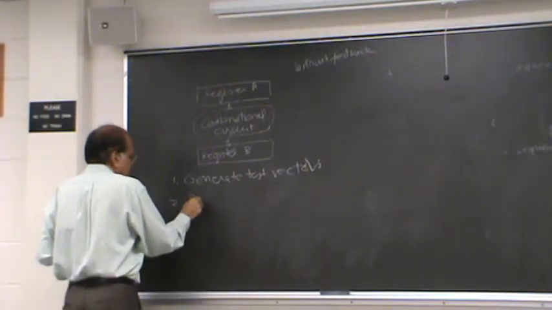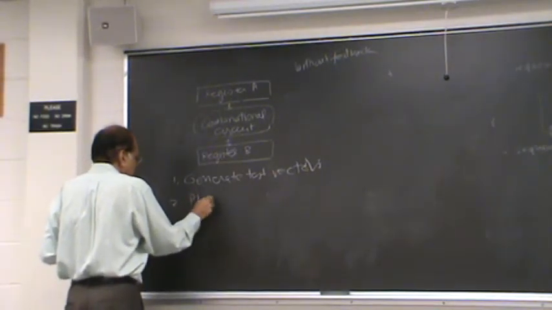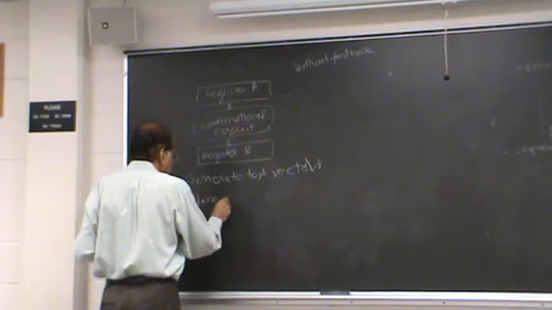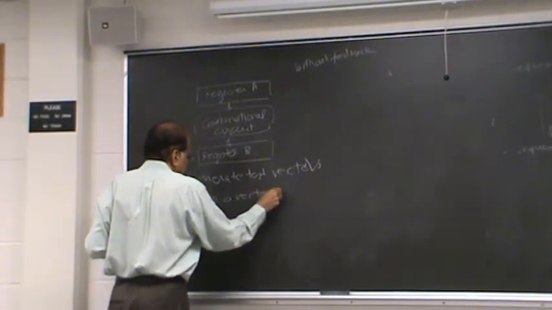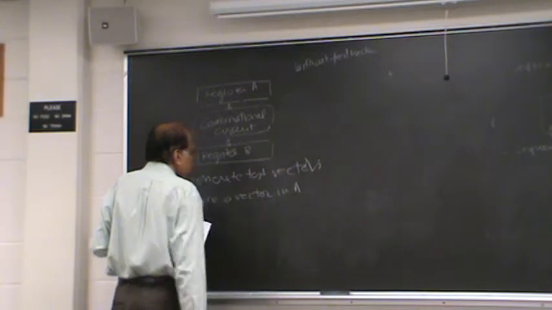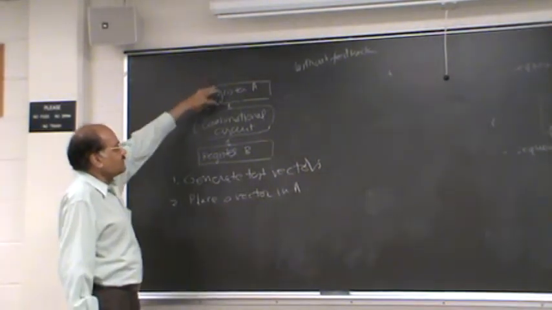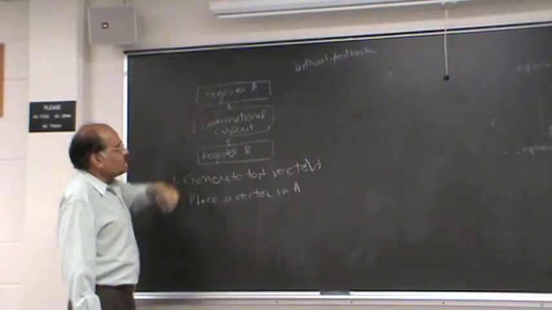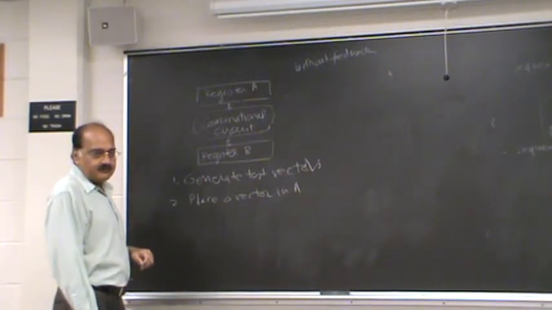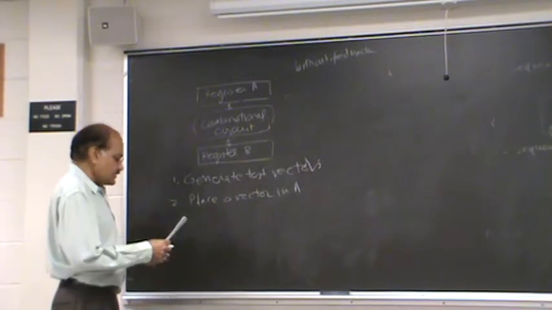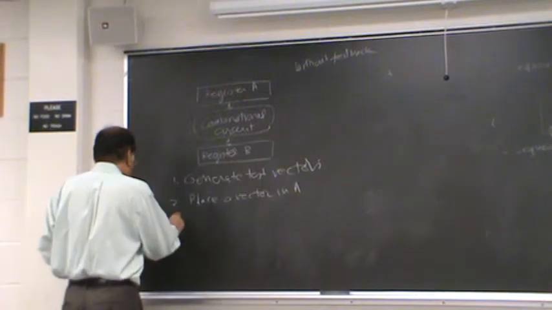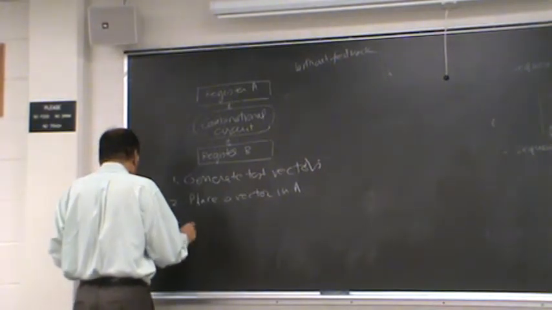And then place a vector in A. Now if it is a register, putting a vector in A is probably not hard. You just put it in there, somehow bring it in, and then examine response in B.